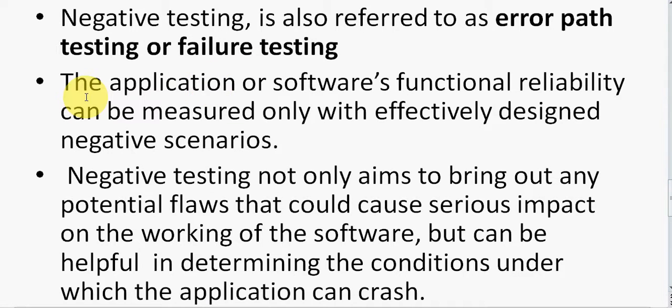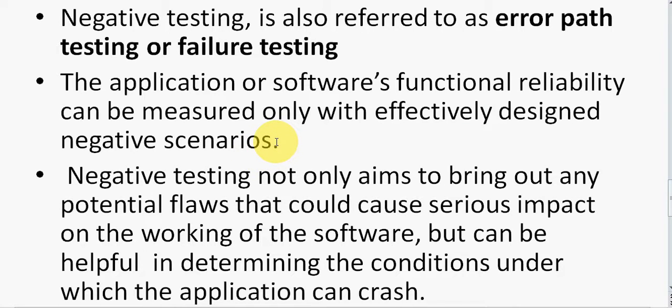Negative testing is also referred to as error path testing or failure testing, and I'm giving you different vocabulary here because during the interview process it becomes easier if you know different vocabularies and what they mean. The application or software's functional reliability can be measured only with effectively designed negative scenarios.